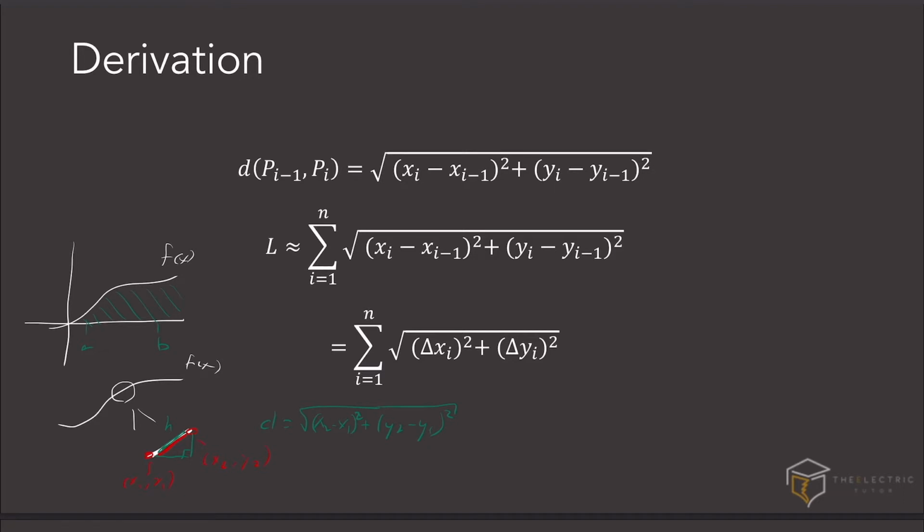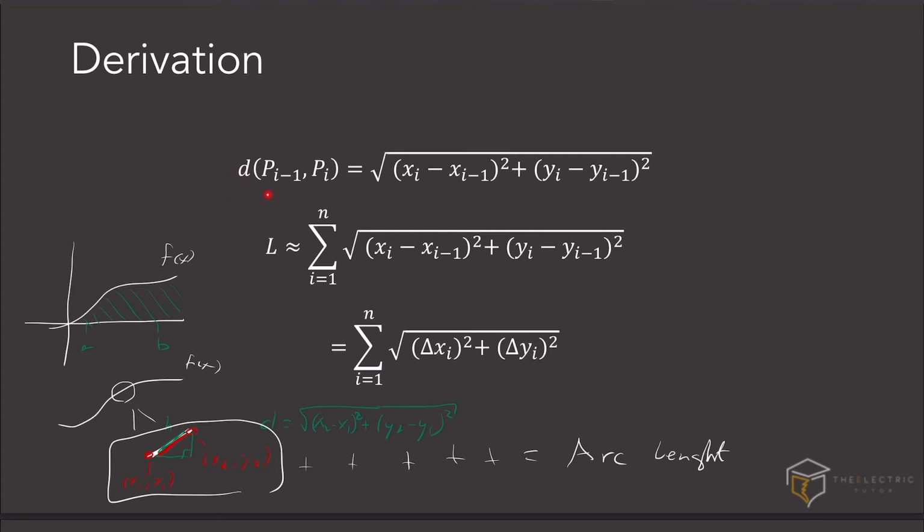Now, if we were to calculate many of these, and then add all those small distances up, then we would obtain the exact arc length of this function, again from a to b. Okay, so this is where this little derivation comes from.